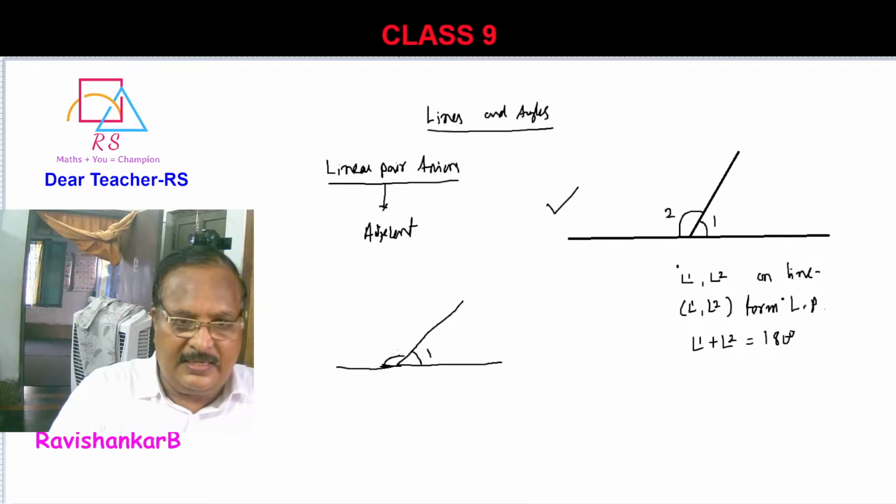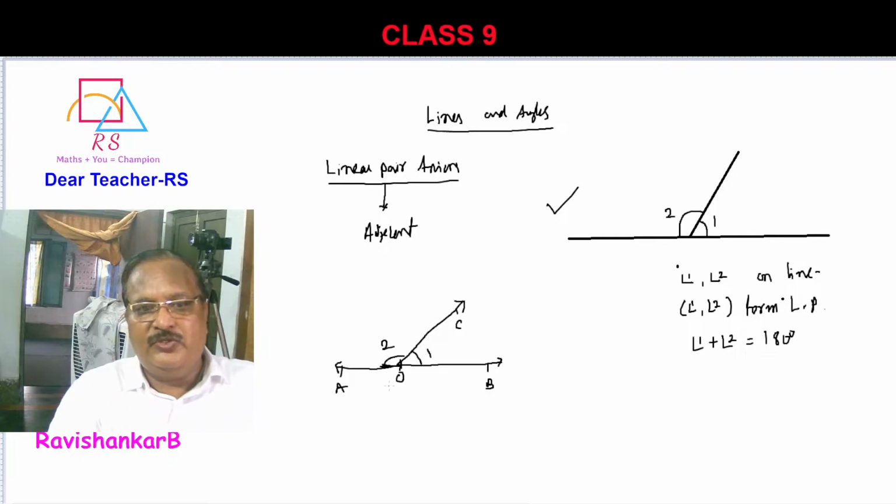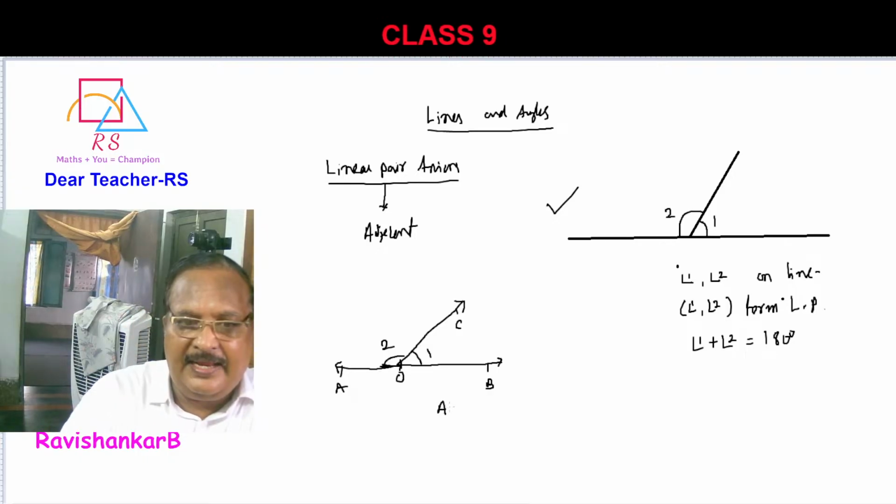I am unable to draw it properly, but I will make it. So this is O. Let us say this is OA, this is OB, and this is OC. Now AOB is not a line in the beginning.